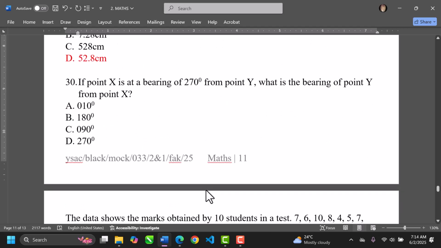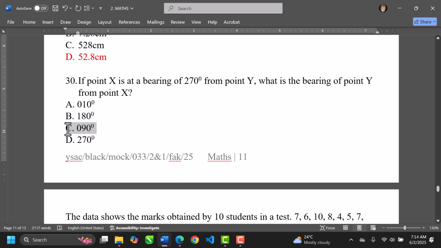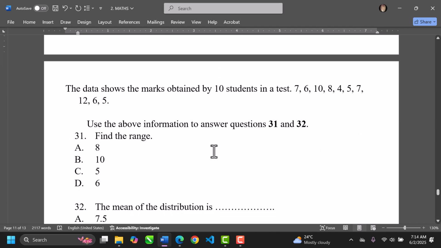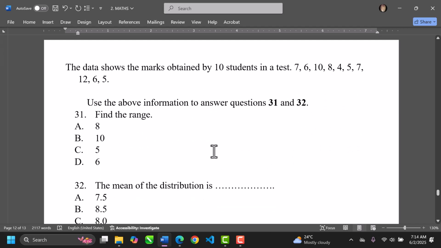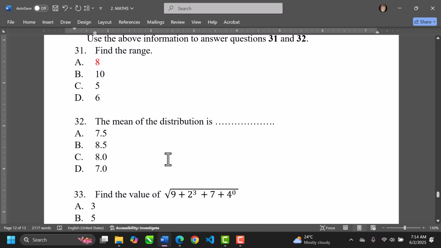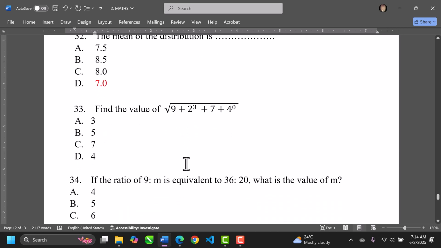30. The answer is C. 31, look at the question very well. The answer is A. 32, the answer is D. 33, the answer is B. Find the value of this.